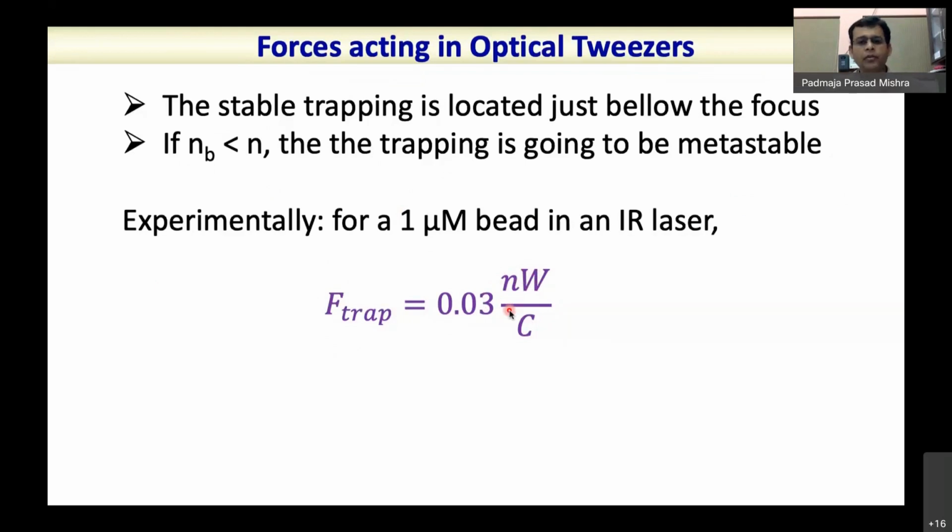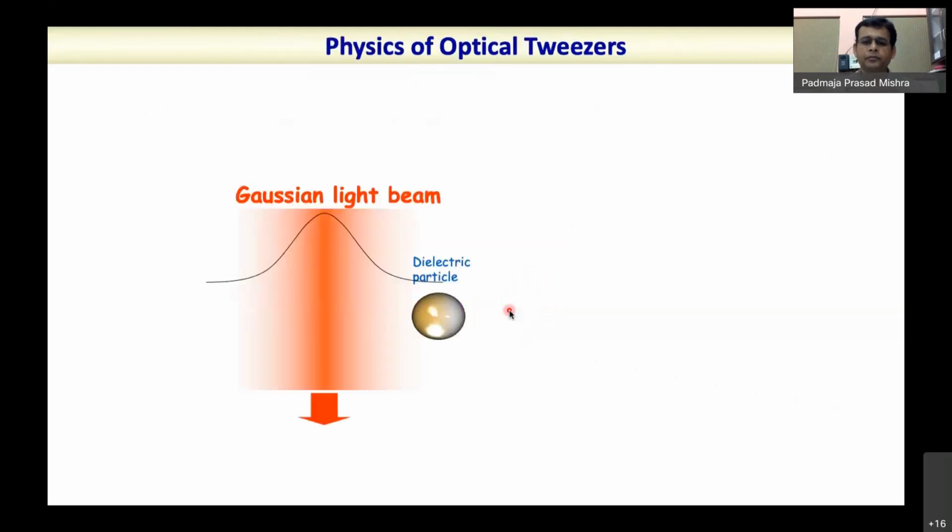But it is not always safe to give a higher intense laser power to a living object. So that also needs to be chosen carefully. So if we summarize whatever we have seen, to trap an object, we need the gradient force to be higher than the scattering force, and the gradient force can be created by using a high numerical aperture objective.